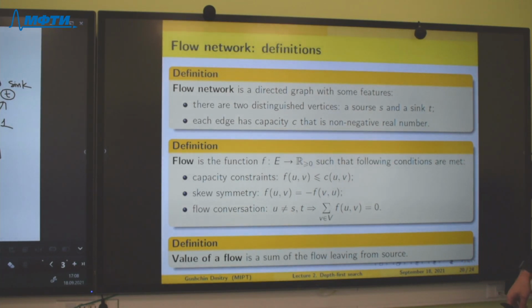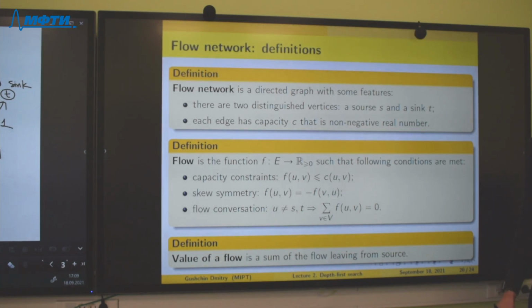But there are three conditions that need to be met. First, very important, flow cannot be bigger than the capacity of the edge.